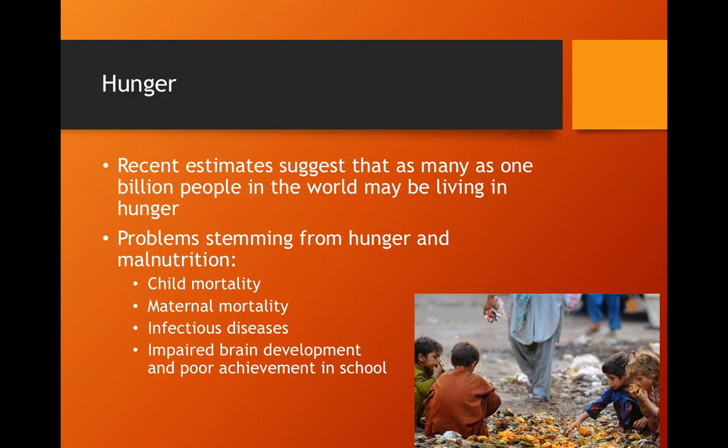We could think about impaired brain development and poor achievement in school. So malnutrition in childhood, or when a fetus is developing and the mother is poorly nourished, can impair brain development, and that can lead to cognitive difficulties or poor achievement in school that could last throughout a person's entire life.